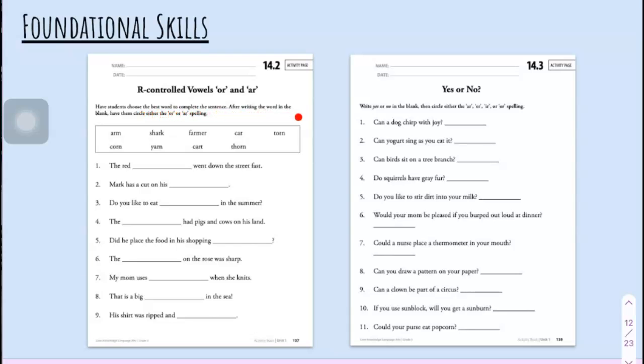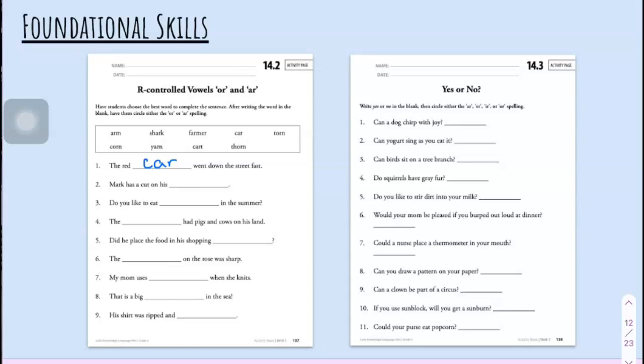After writing the word in the blank, have them circle either the OR or AR spelling. For example, number 1, the red blank went down the street fast. I think of all of those words, car is the best choice. So I'm going to write car in the line.